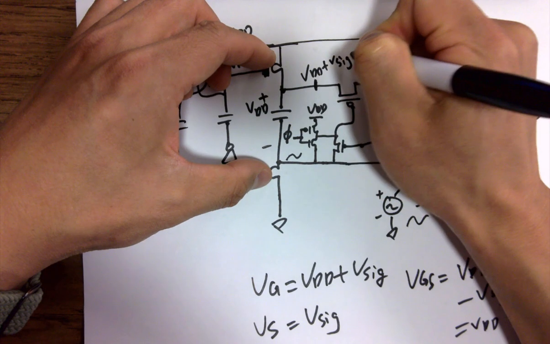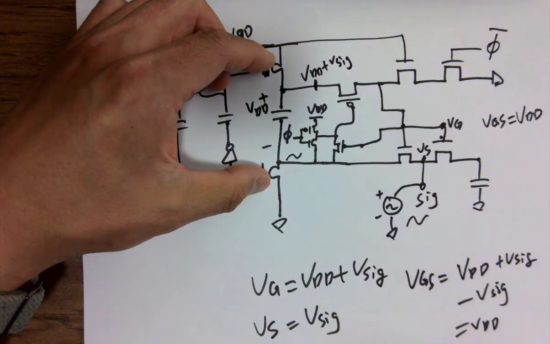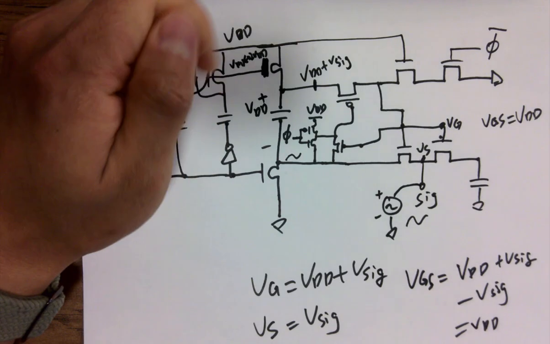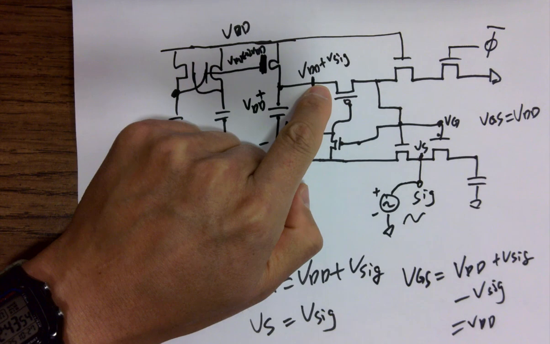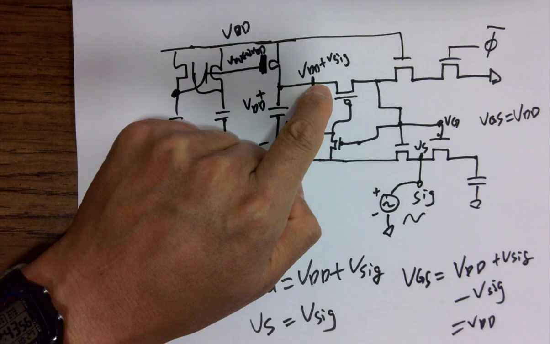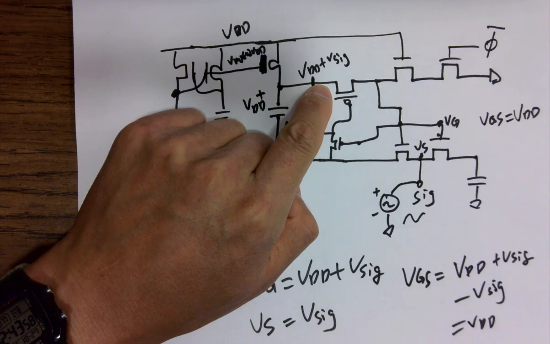Compared to ground. Does that make sense? So the voltage here will be less, equal, or larger than VDD.